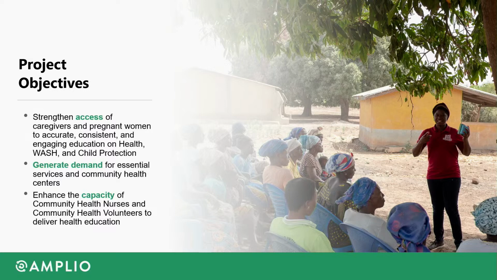The project also hoped to generate demand for essential services in community health centers in the rural healthcare system, and to strengthen the community health volunteers and nurses that are delivering the healthcare services in these rural areas. So you'll see a photo of a community health nurse who is working with community members to do an education campaign in this Upper West region of Ghana.